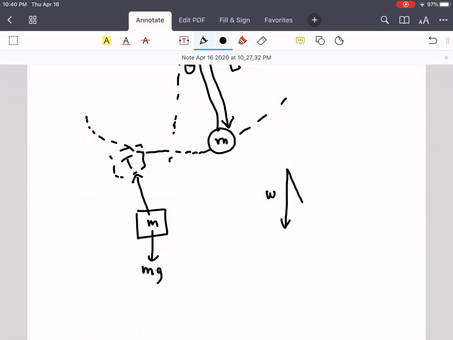I'm going to break it up into, let's call it a y component that points parallel to tension, and an x component that points down here. So this small angle here is theta. The one that we care about is going to be wx. That is opposite the angle theta, so that's weight sine theta, or mg sine theta. And similarly, wy is mg cosine theta.